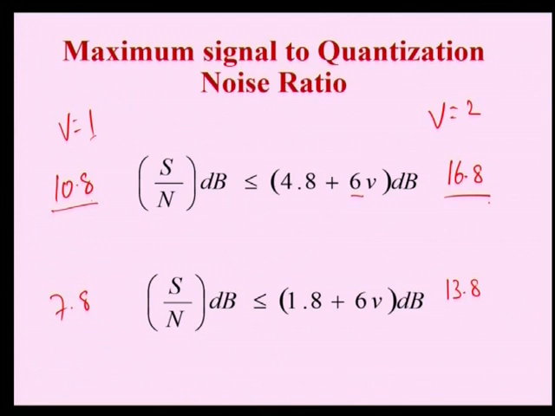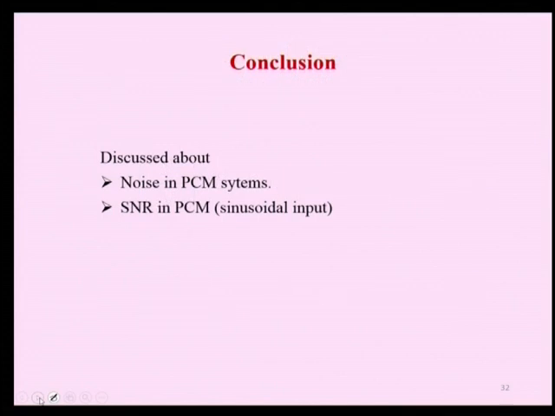So, we have discussed the signal to noise ratio for different bit levels. And in conclusion, in today's session we have discussed the noise in a PCM system. Mainly there are two types of noises, one is channel noise and another one is quantization noise. The channel noise gets included in the channel, whereas the quantization noise originates at the transmitter.